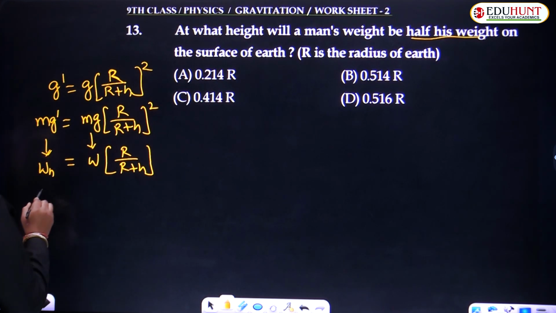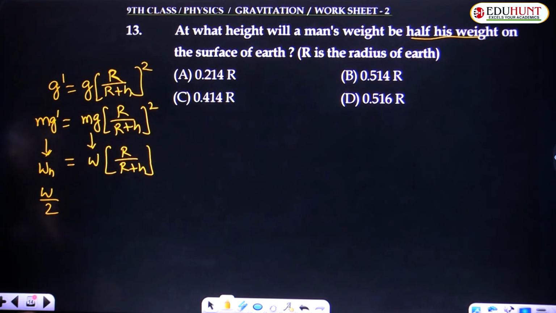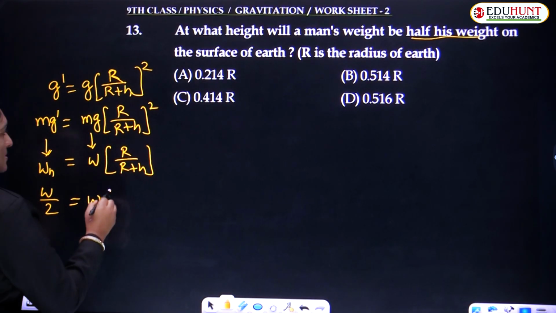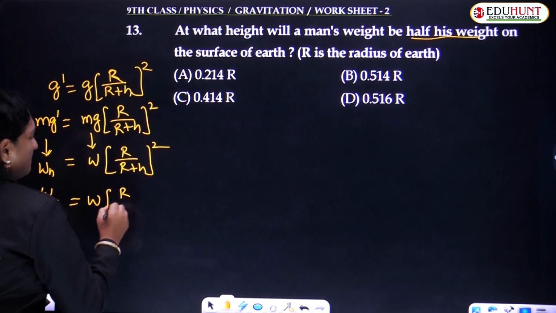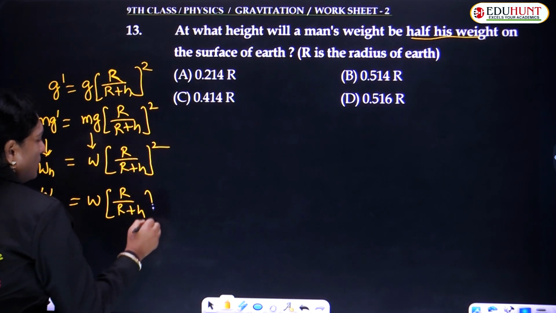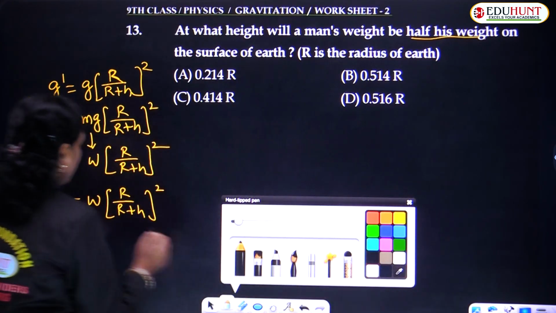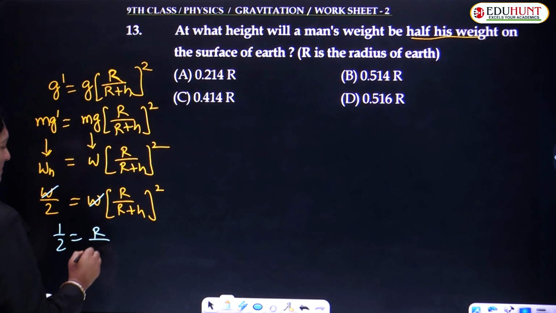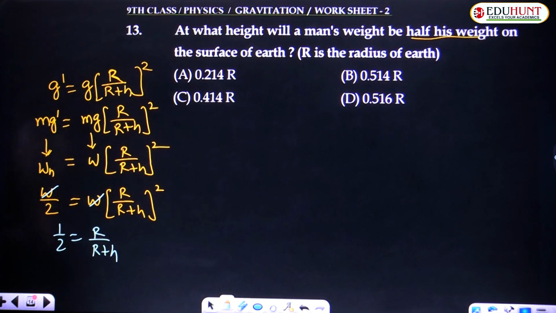If on the earth it is W, here it will be W by 2 times (R by R plus H) whole square. Simplifying this, children, W gets cancelled. So 1/2 equals (R by R plus H) whole square.